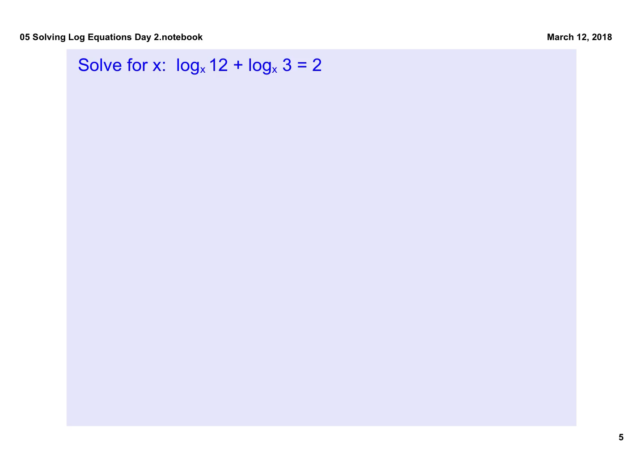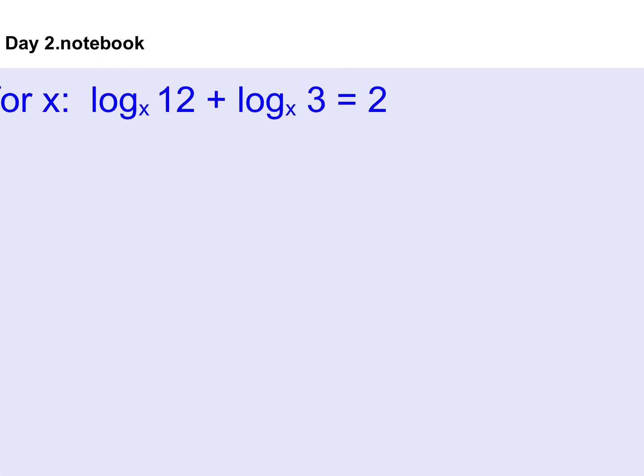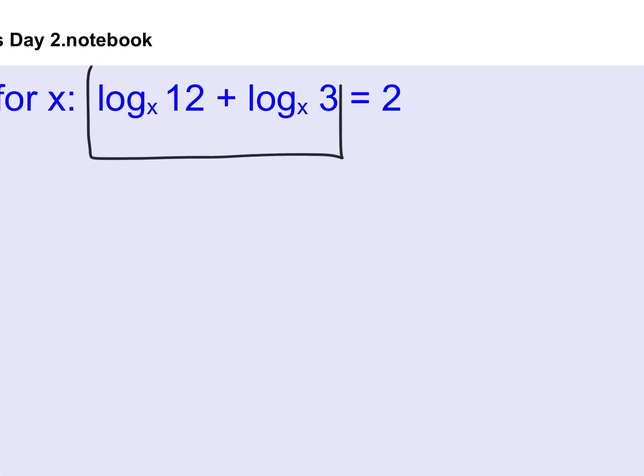There is a couple more examples we should go through because we haven't done one of these in a long time. Could these be added together? Yeah, because they have the same base. Better remind you how to do that.